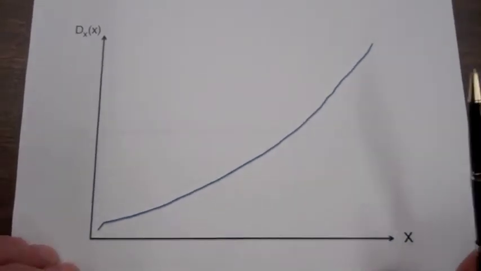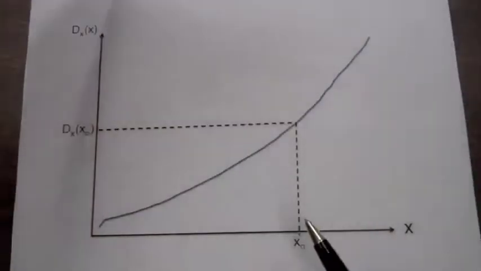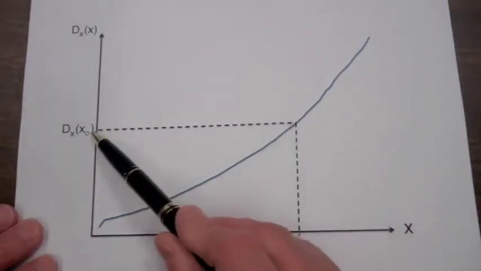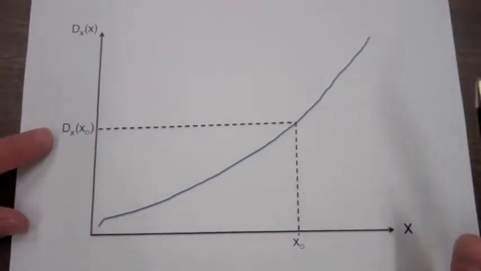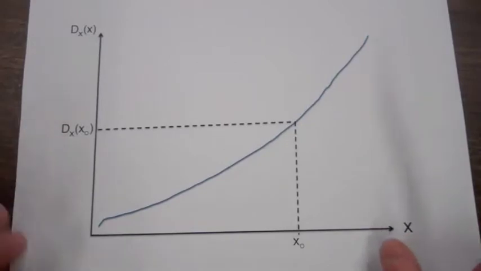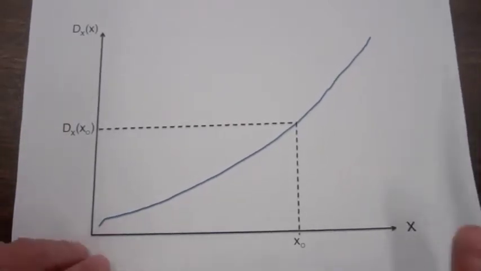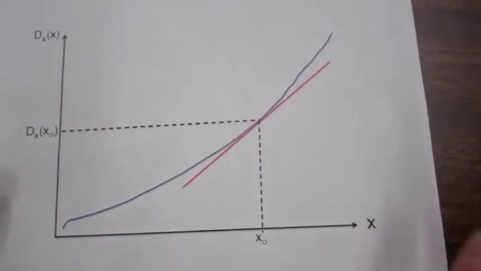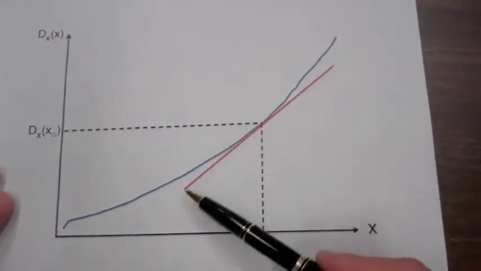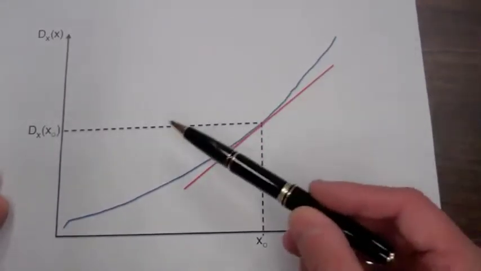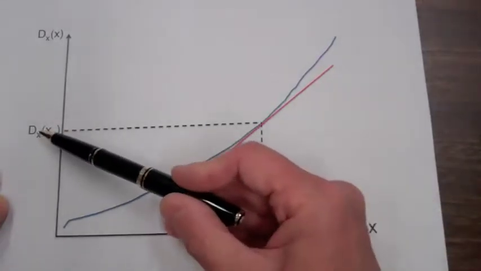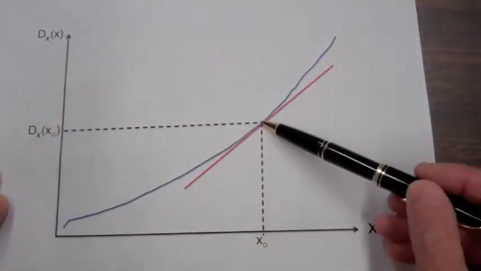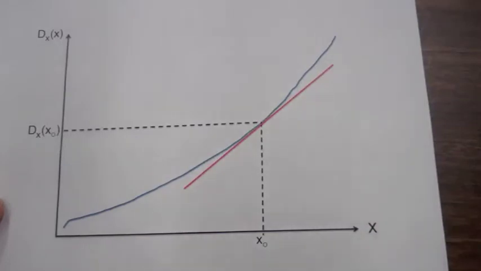So let's assume the center of the cube is at x sub 0, and we know the value of D sub x at x sub 0. And we also know the slope at x sub 0. Okay, so this line is the slope of D sub x with respect to x at x sub 0.